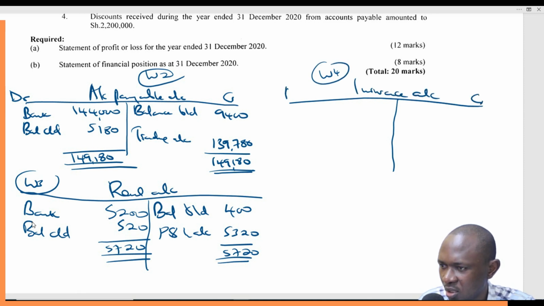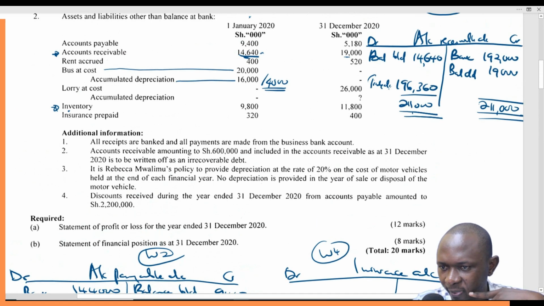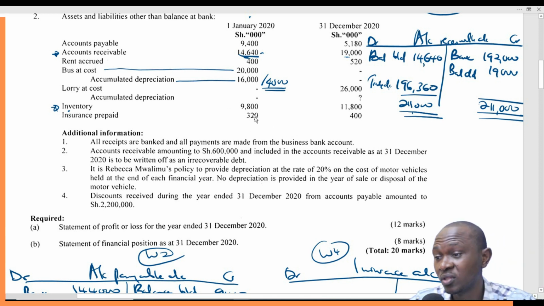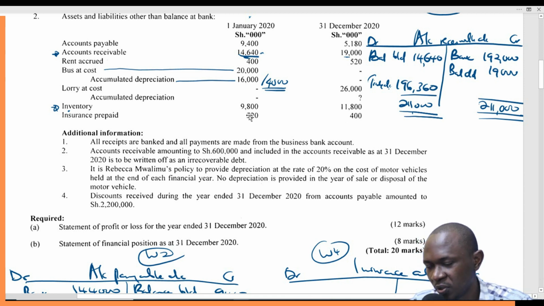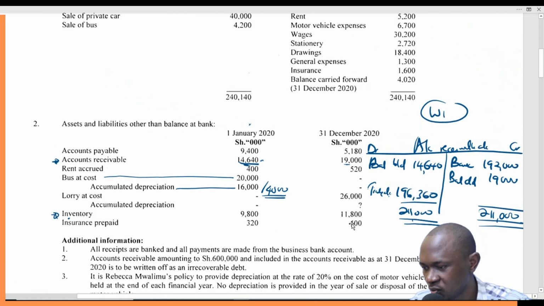Credit, then debit. Now this insurance is prepaid. Prepaid means this is actually the insurance for this year, and the 400 is for the following year. So we take this for this year plus what was paid minus what is not for this year. That's how we go about it.